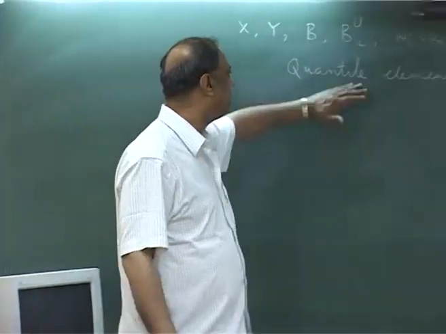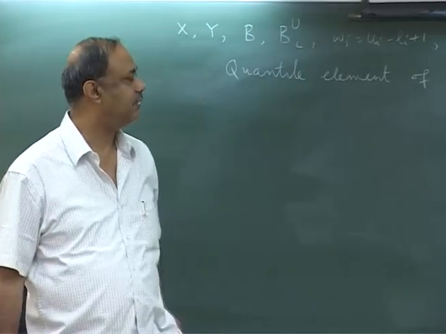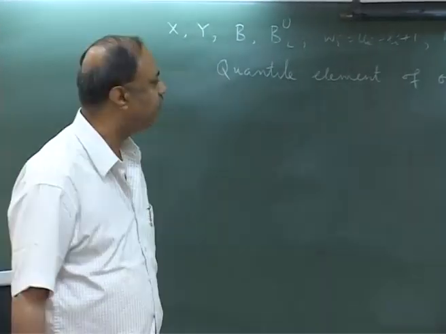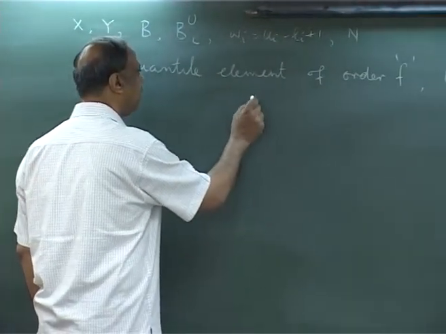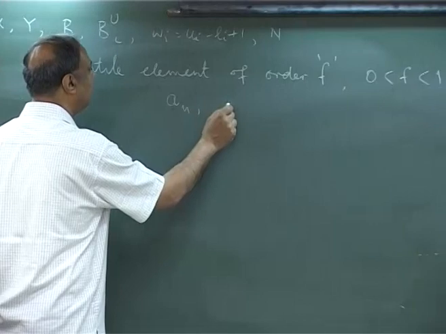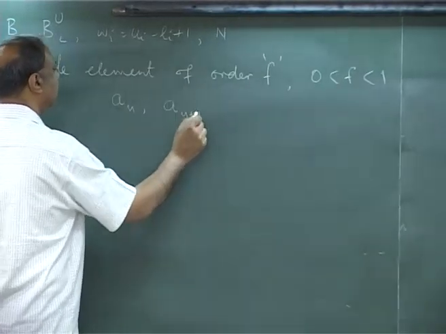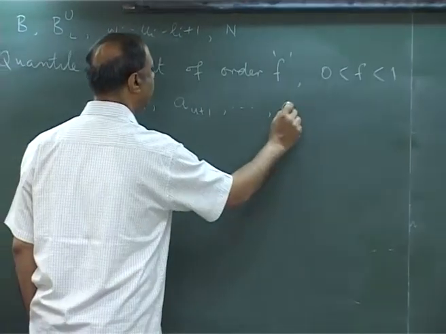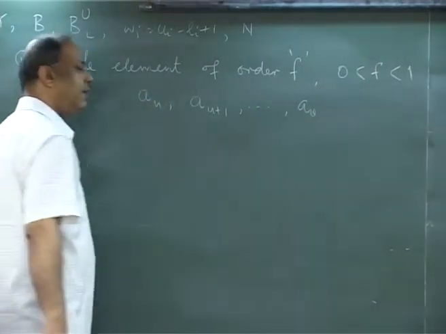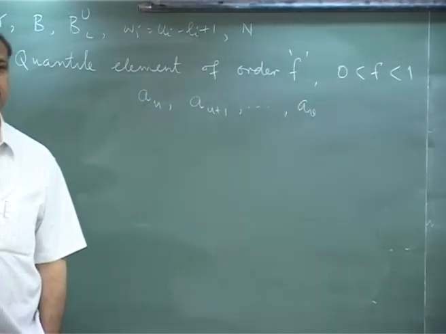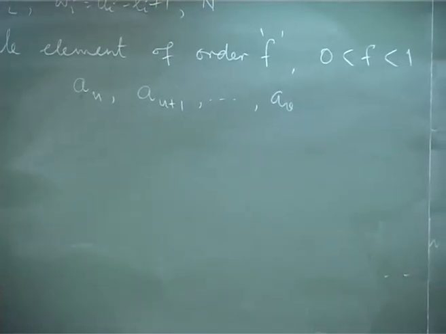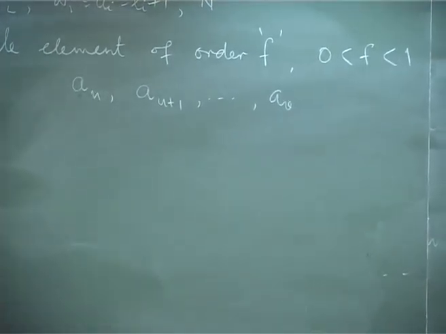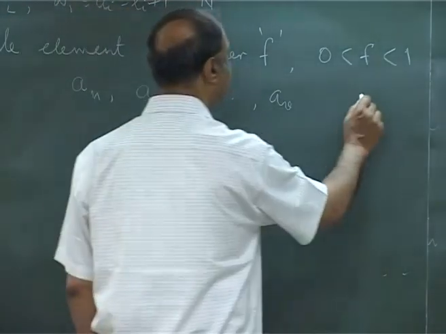In order to do that, first let us define what is the quantile element of order F, and then we will define how to go about it. Let us assume that you have a sequence of elements AU, AU plus 1, up to AV in non-decreasing order.